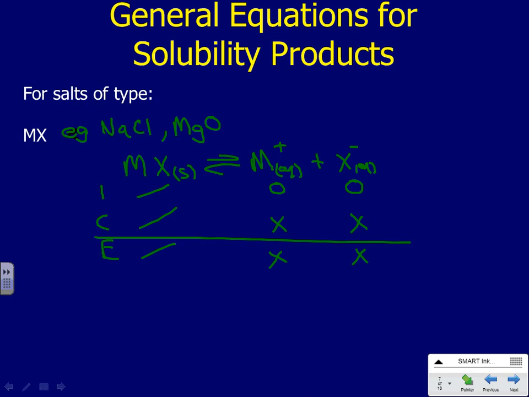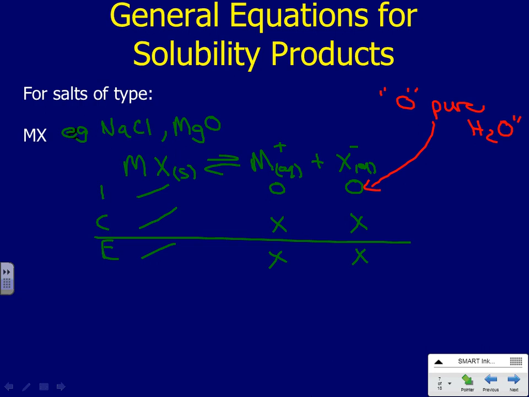It's going to be in a solution that already contains some M or already contains some X. Now, that's a completely different situation. But if we're talking about a solid dissolving in pure water, the 0 means pure water, all right? The 0 represents that we've put it in pure water.